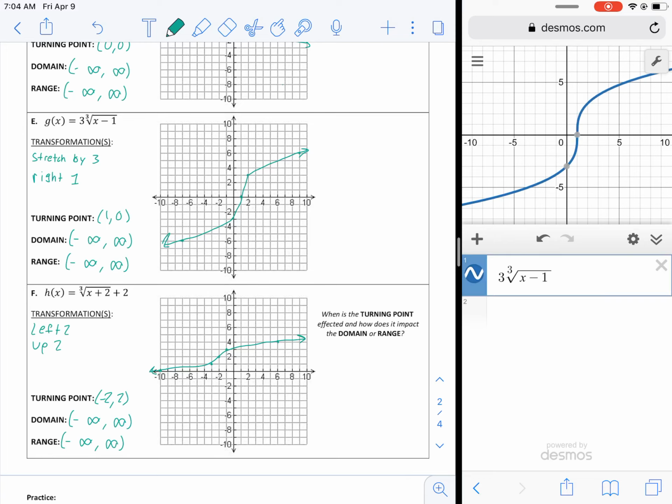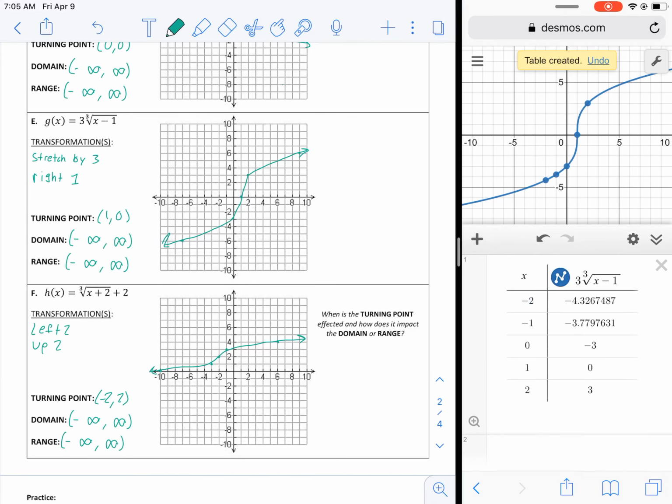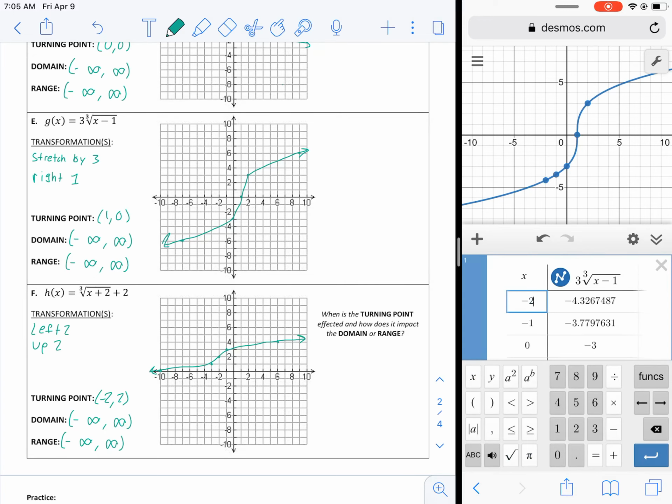We've got our cube root function that we graphed before. You can get those points and plot them on your graph. If you want to get more points, click the gear and then click the table symbol, and you can make a table. And just look at it, and you can plot points. It's going to go far. So for example, you just want to keep going backwards until you get to whole-number points.